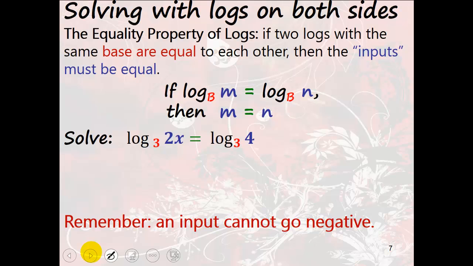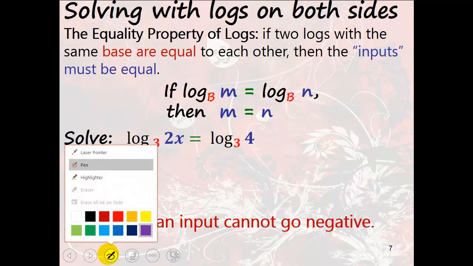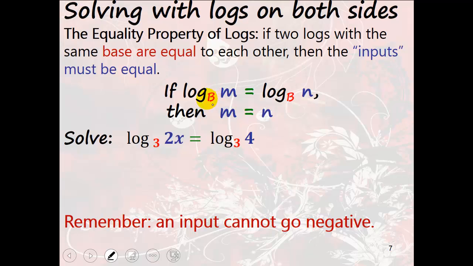All right, now we're going to transition to that part where I said we're going to have logs on both sides of the equal sign. And the cool thing about that is if the bases are the same and the two logs are equal, then the inputs have to be the same.